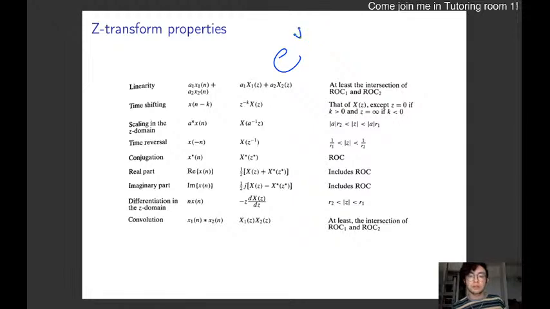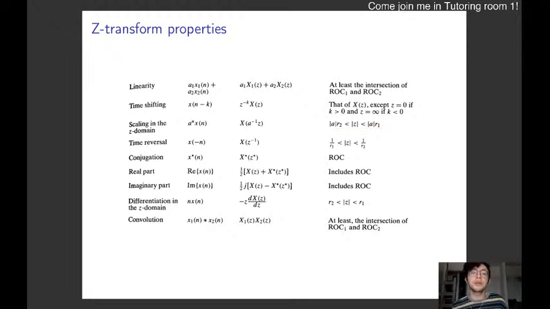Now scaling is a little bit different from the frequency domain, just because we have this a to the n term. If we multiply by a steadily increasing value, this a to the n, which will either get smaller or larger as n increases, then this corresponds to scaling our variable by its reciprocal, so this also affects the ROC.